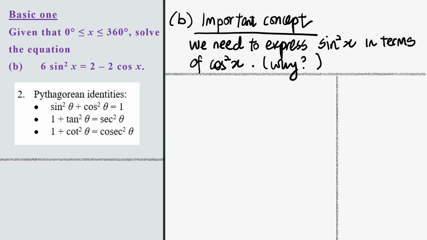To do that, I will need to use the concept of Pythagorean identities. So which one do I use? Yes, of course, I would have to use sine squared theta plus cos squared theta equals 1. From there, I can make sine squared theta the subject, which will give me 1 minus cos squared theta.